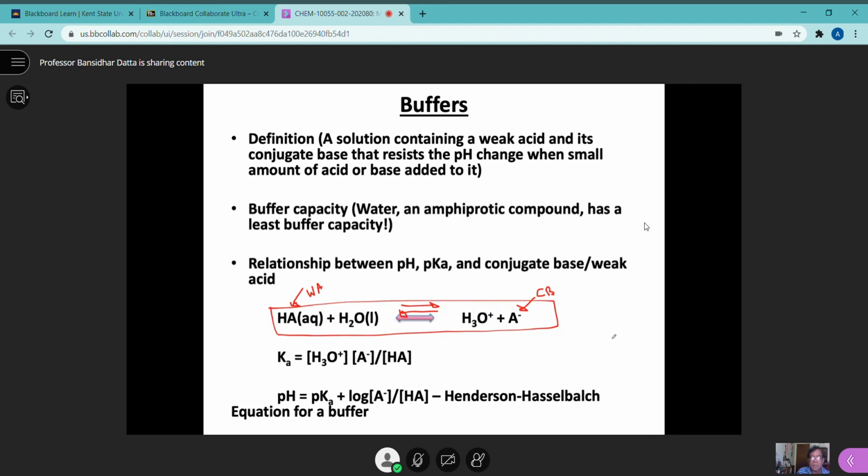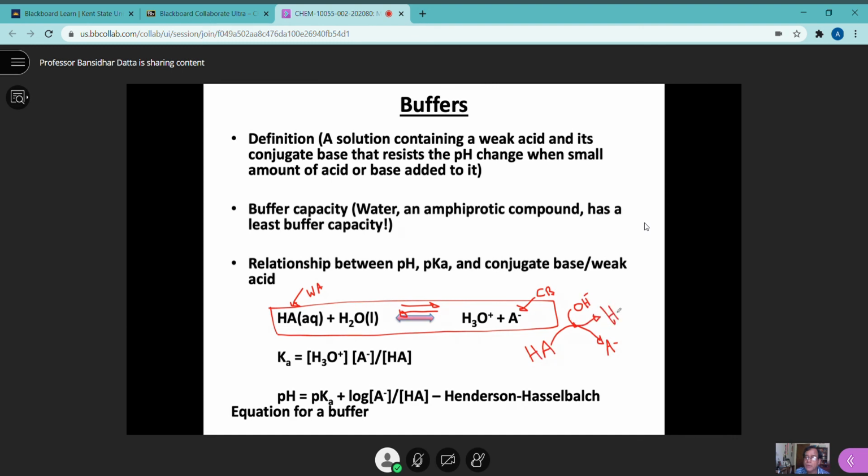So what happens if we have HA, and in principle it is converting to A minus? How does it convert to A minus? If you add a little bit of OH minus, a base, the OH minus will be converted to H2O.